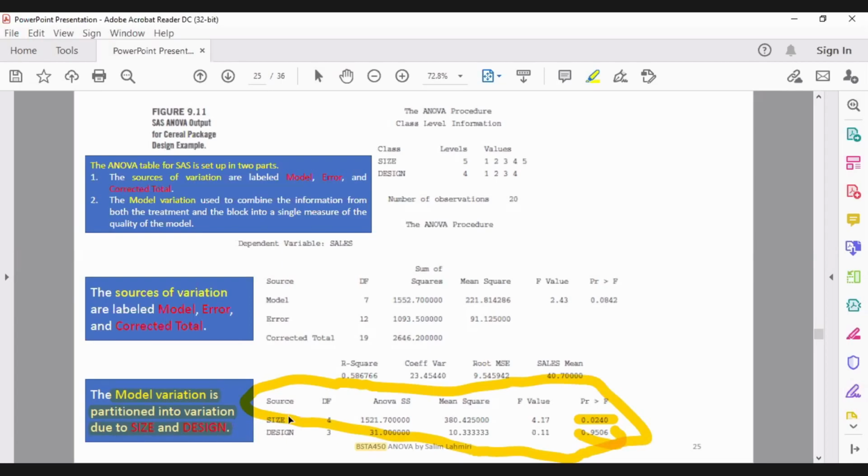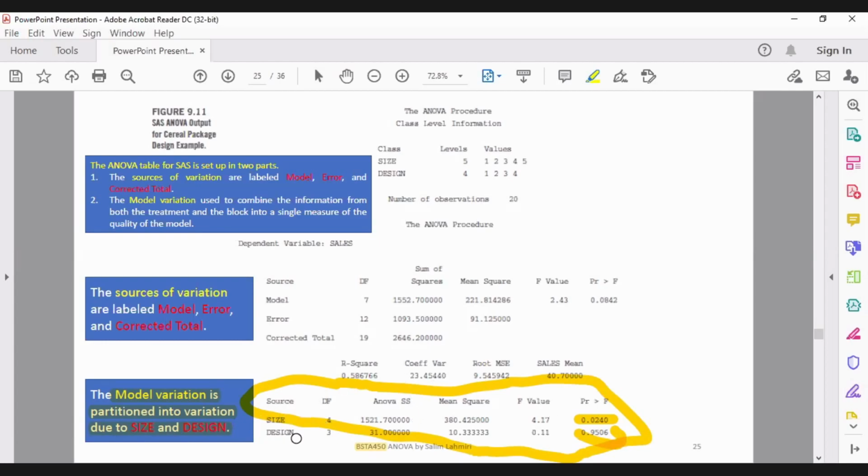For size, the null hypothesis is that the average of cells is similar across all size packages. The alternative is that it is not; at least one is different. A p-value of 0.024, less than 5%, suggests that H0 is strongly rejected. And we accept the alternative, meaning that at least one of the averages of cells is different across sizes.